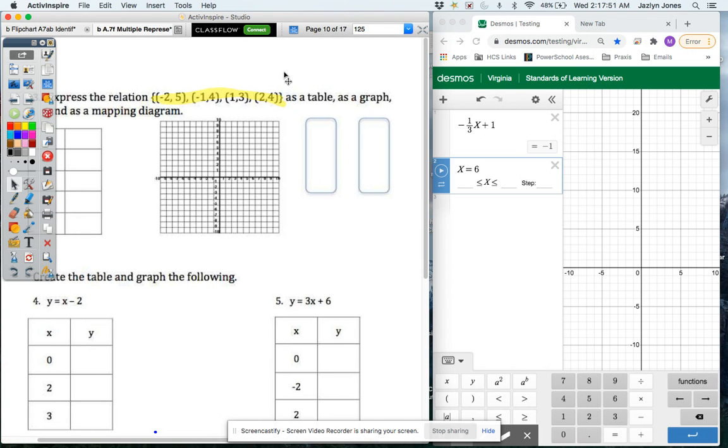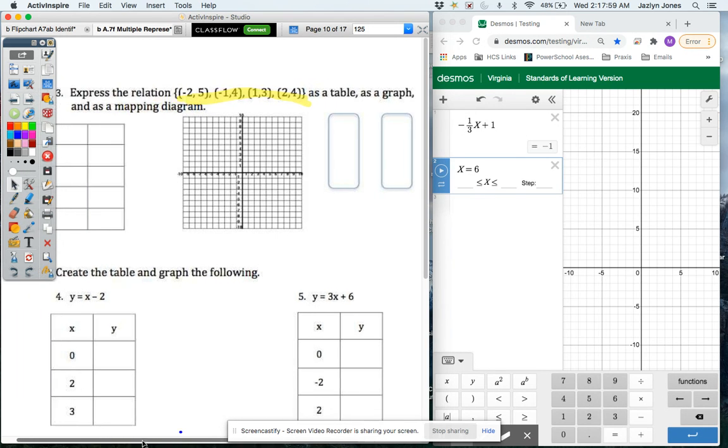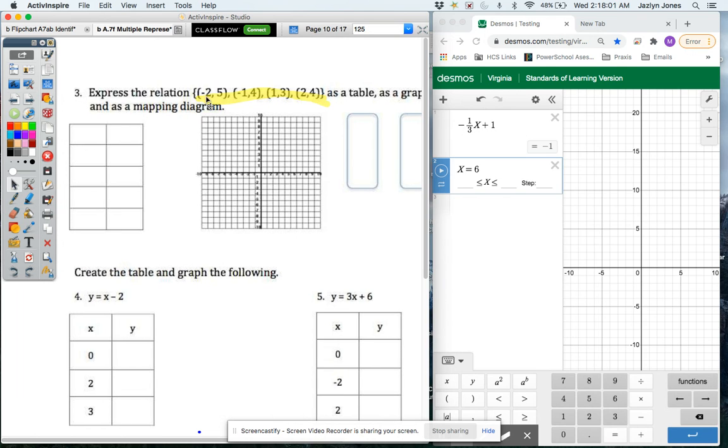They gave me these sets of ordered pairs. They want me to make a table, a graph, and this time they want me to do the mapping diagram. So with this information they gave me, my first one is my table.